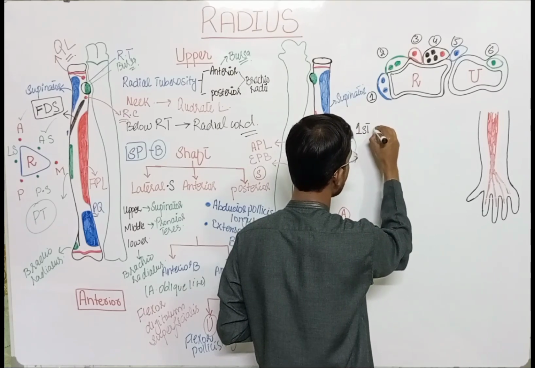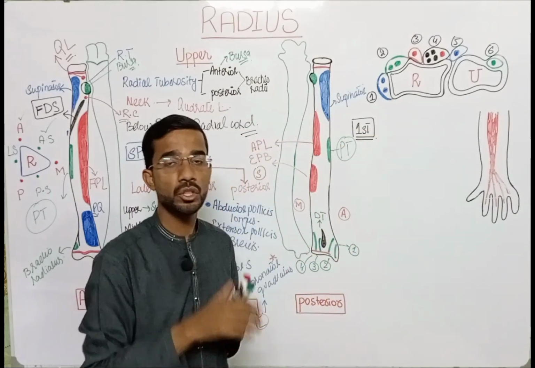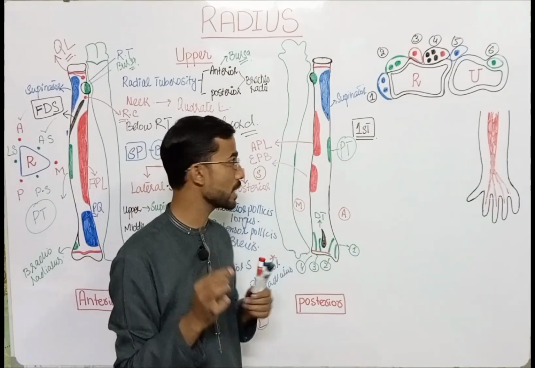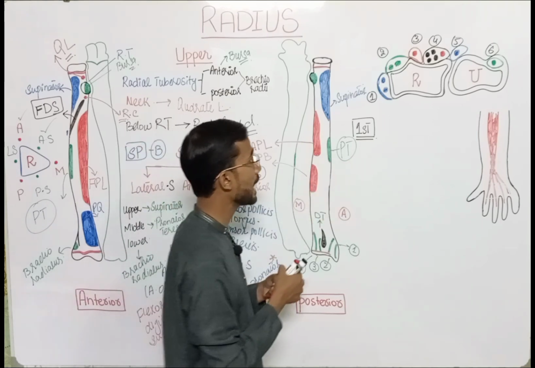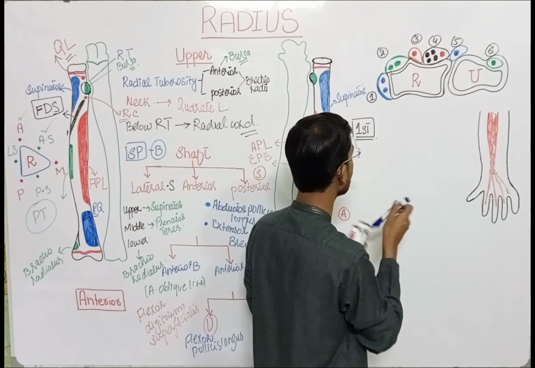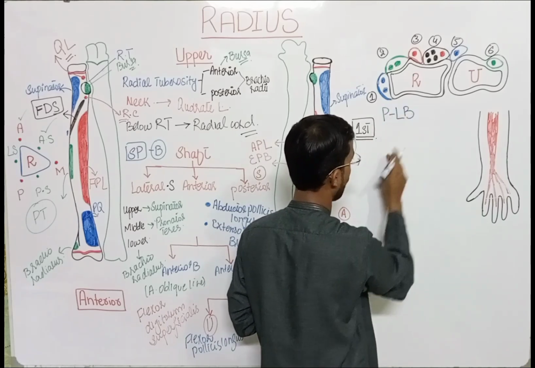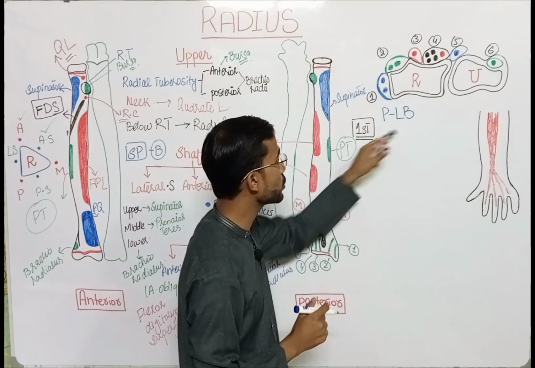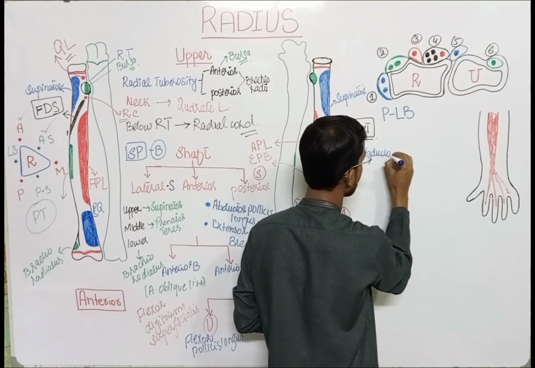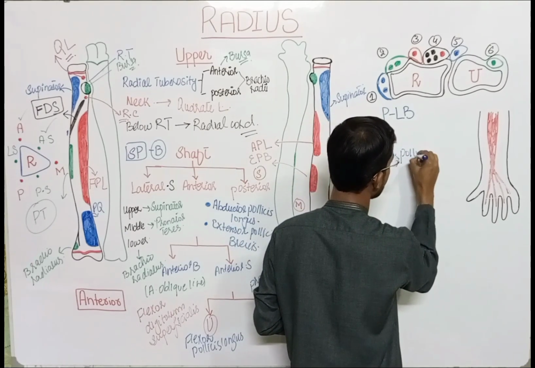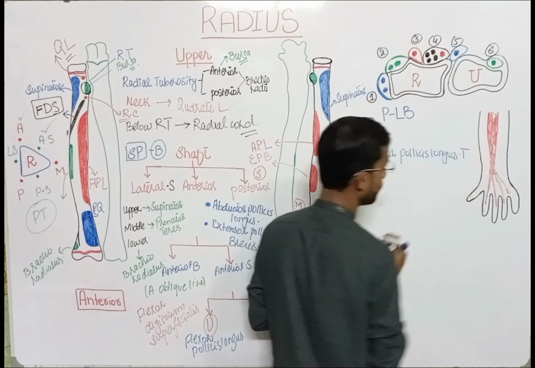Now, if we discuss the first groove, or first compartment, this is the first compartment. In the first compartment, you will see two tendons actually pass through. Here you will see the APL, EPB. First is the abductor pollicis longus tendon.